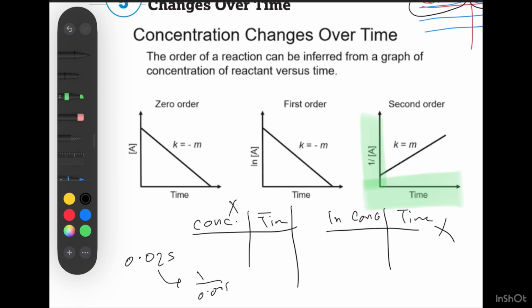And then you have to plot it. At that point, you can see the straight line that is increasing, and you can see that the slope is positive. So as long as you have a straight line with a positive slope, once we plotted the reciprocal of concentration versus time, then we can say the reaction is a second order.